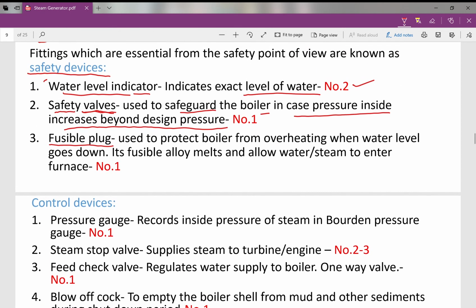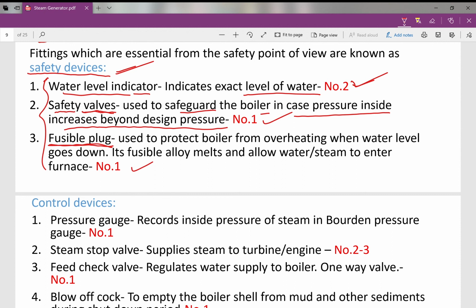These are the three devices coming under safety. Remember the numbers: generally two water level indicators in a boiler, one safety valve, one fusible plug. This fusible plug should always be immersed in water.